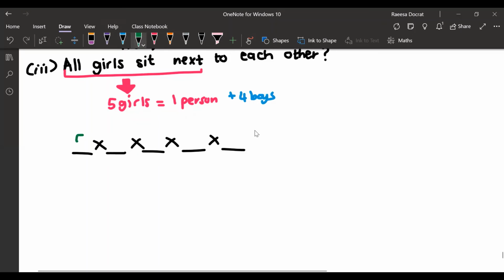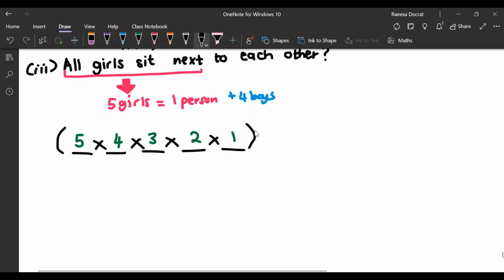There's 5 ways of putting the first one, 4, because we've used up 1, 3, 2, and 1. But we're not done. That is just us placing the 5 girls somewhere in the queue.